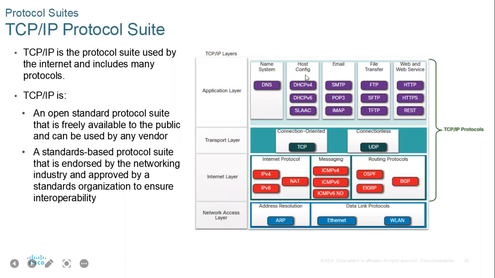If you are going to be doing some configuration, if you need to use a DHCP server to assign IP addresses to your systems, if you need to use email, if you need to transfer files either through FTP, that's file transfer protocol, or secure file transfer protocol, or TFTP, that is trivial file transfer protocol. That's all in the application layer. Same thing with HTTP, HTTPS, and REST.